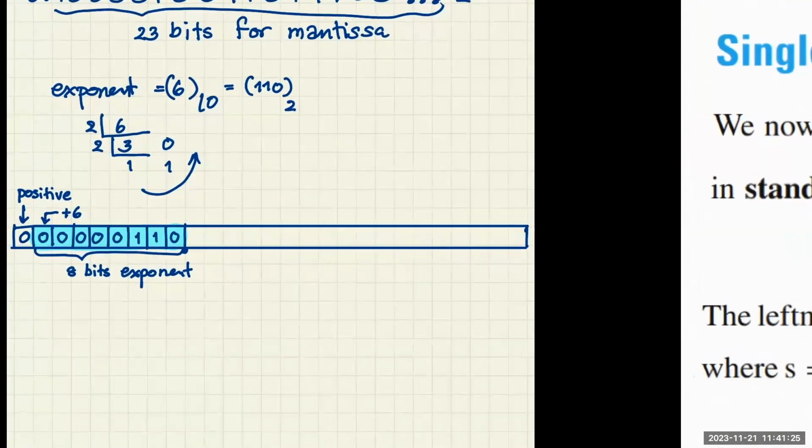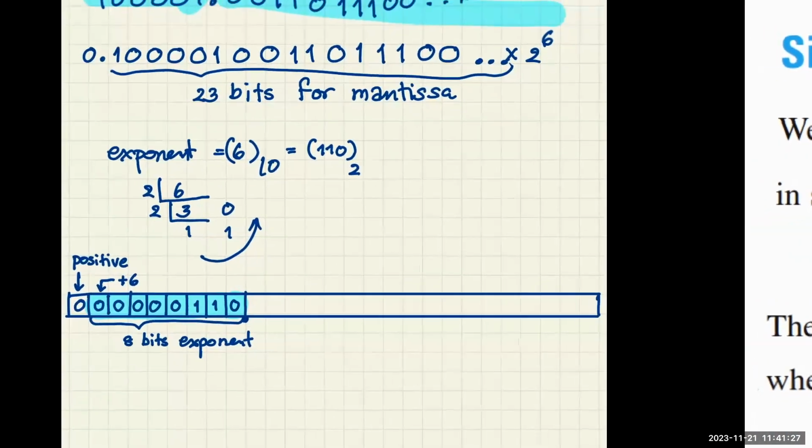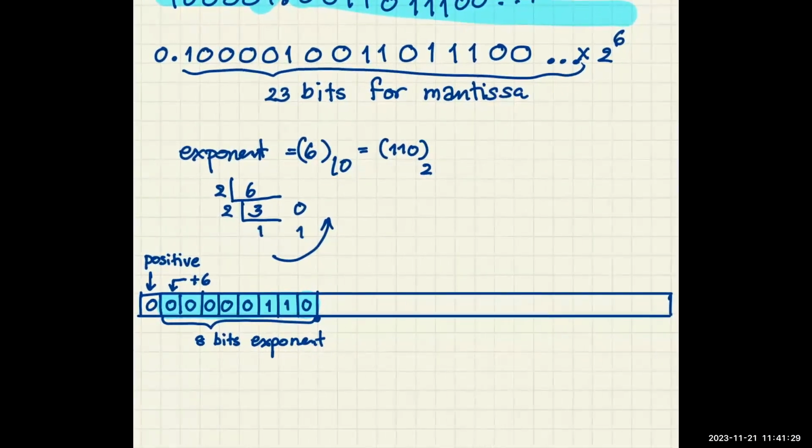Now, for the rest you plug in your mantissa part, 23 bits.